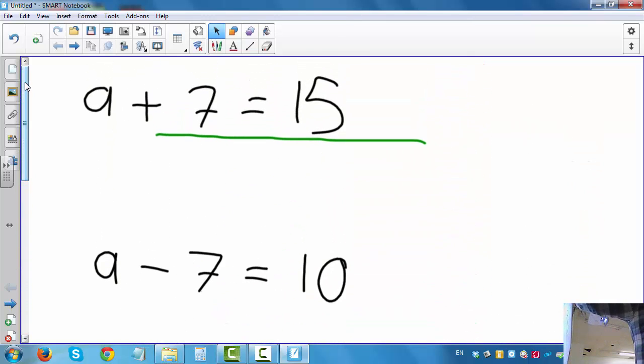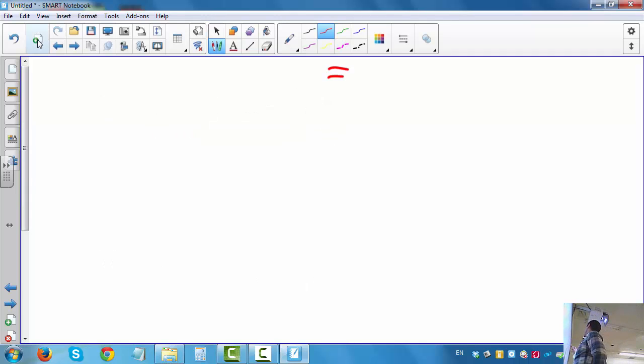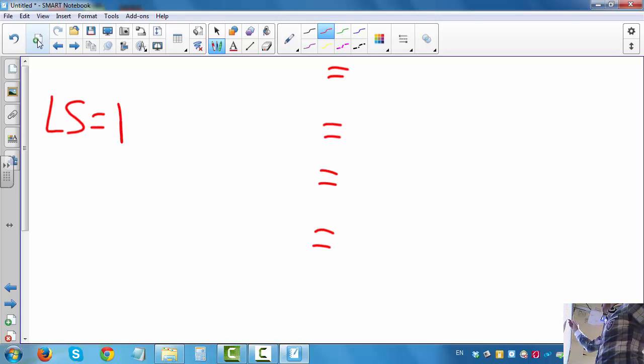This is a one step equation. So a plus 7. The only thing you need to know is the rule about equations. So we are looking at left side and right side.